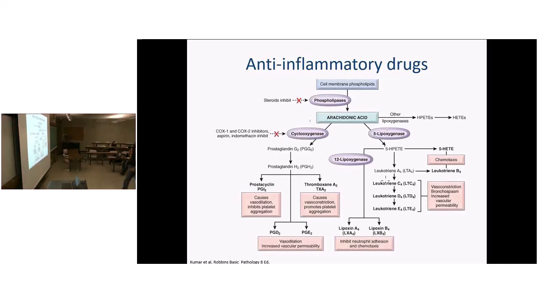So in this case here, before we go into the types and other things, there is the cell membrane, the cell membrane phospholipids. A big source of stuff that happens inside of your body comes from the plasma membrane.